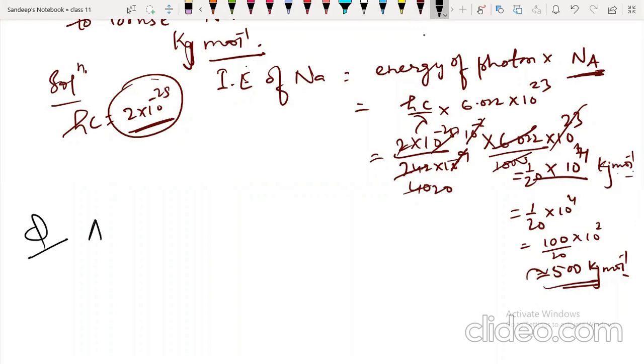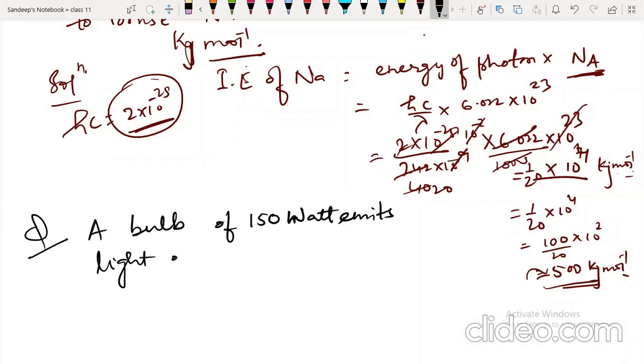Next question. A bulb of 150 watt. What is the unit of power? Emits light of wavelength 4500 angstrom.